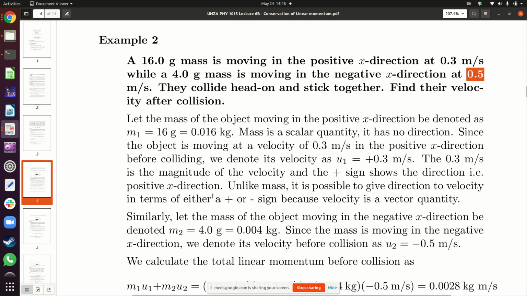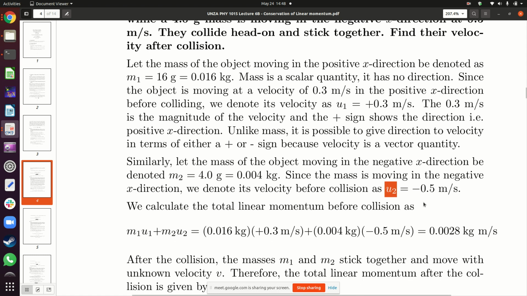It is the velocity of the second mass, so we call it u2. U is for initial, the velocity of the objects before they collide. V is for the velocity of the objects after the collision. So in this case, u2 is minus 0.5 meters per second.